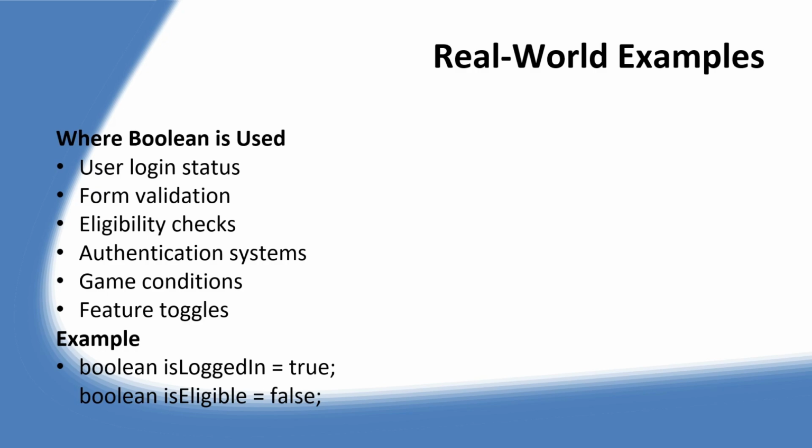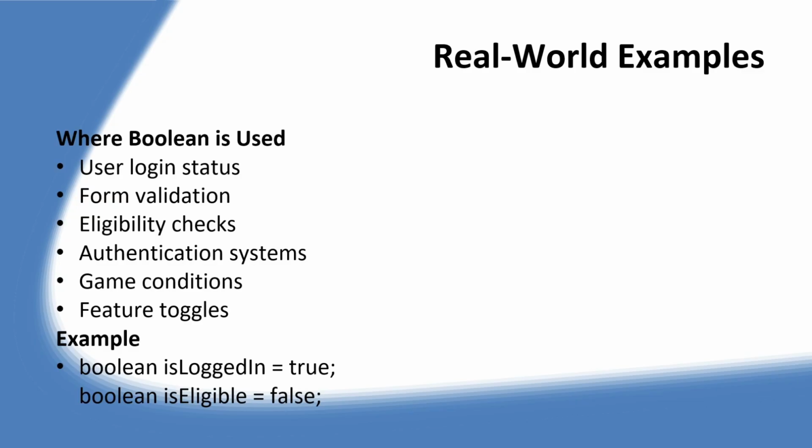So, some of the important points we should take care of. Let's remember some important points about Boolean. It stores only true or false. It is used for decision making. It is commonly used with if, while, and other control statements. For now, don't worry about control statements.